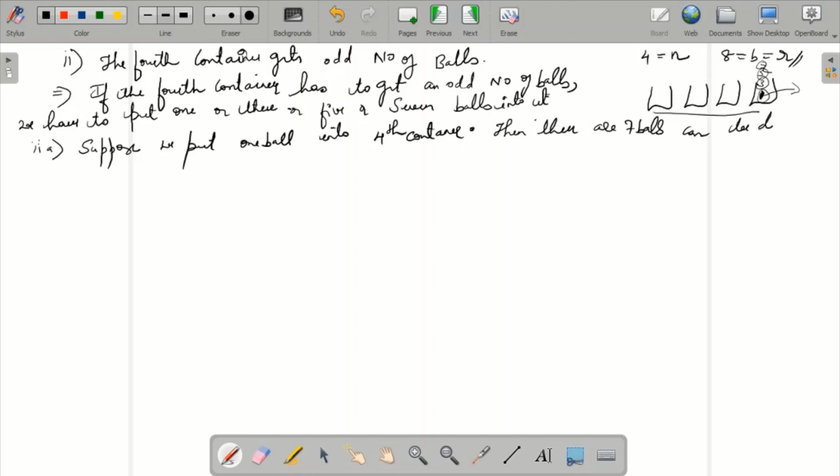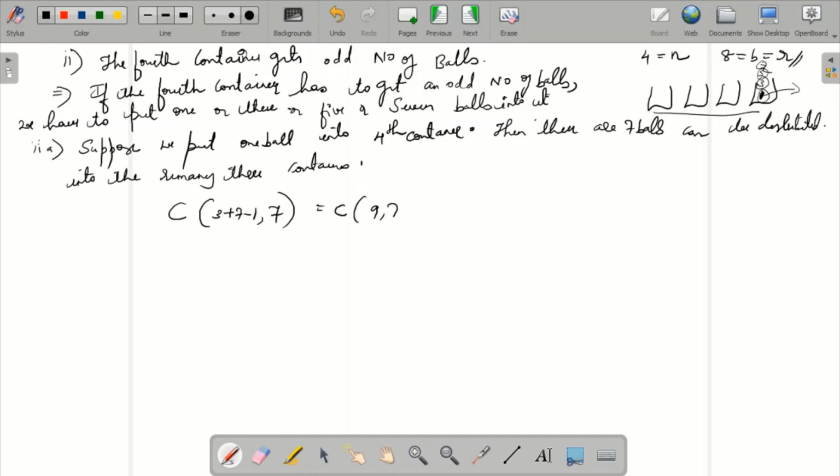So 7 balls can be distributed into the remaining 3 containers. That would be combination of 3 plus 7 minus 1 comma 7, so a combination of 9 comma 7 ways.